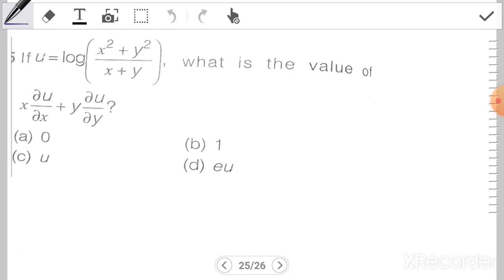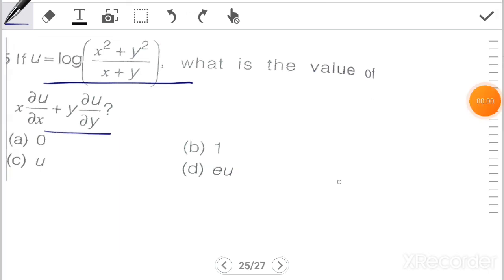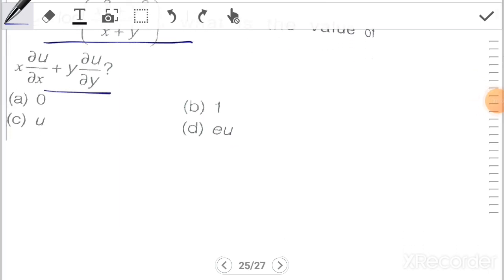If u is equal to log of (x square plus y square) by (x plus y), what is the value of? So this is a problem on Euler's theorem. Since u is equal to log of (x square plus y square) by (x plus y) is non-homogeneous, make this function homogeneous. Taking antilog on both sides, e raised to the power u is (x square plus y square) by (x plus y).